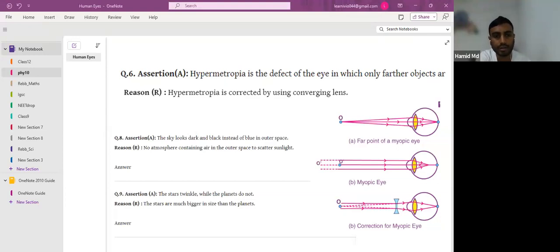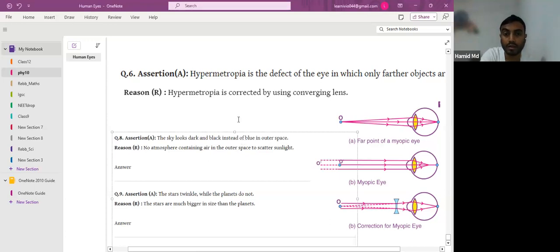Myopic. Which type of eye can be corrected by the concave lens? The concave lens. So this option is okay. Should we move further? Yes, sir. Okay, what about question 8?